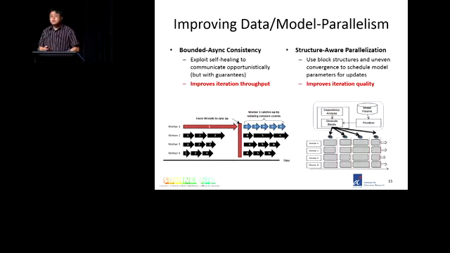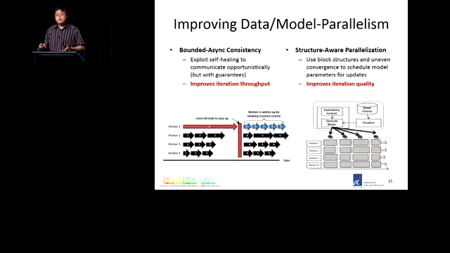Okay. So the focus of the Petuum system is to find systematic ways to improve both data and model parallel algorithms based on the 3 intuitions I described earlier. One of those systems performs what is called bounded-async consistency, which is a way of allowing different workers in a distributed system to communicate with each other in a way that's asynchronous, which means that some updates can arrive late, but the delay is bounded.